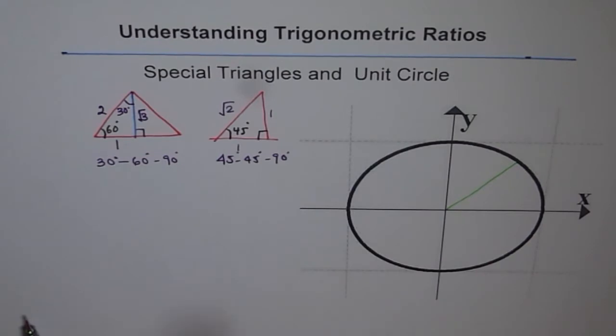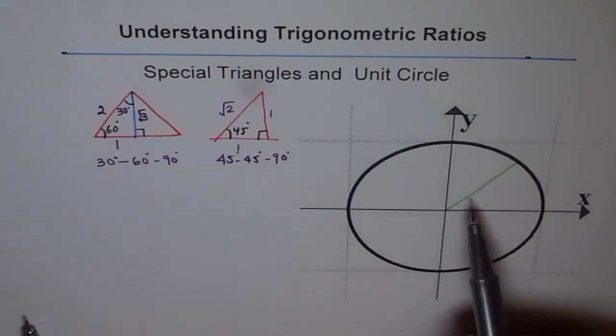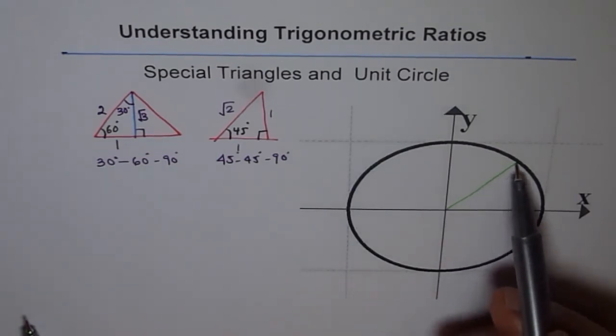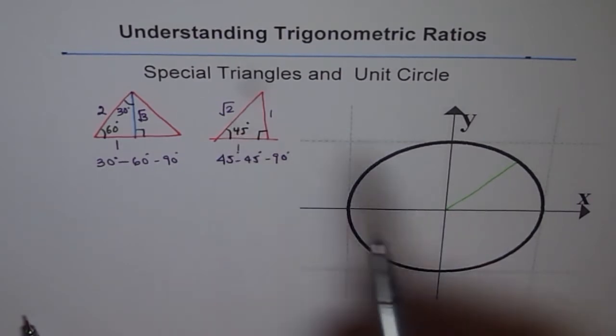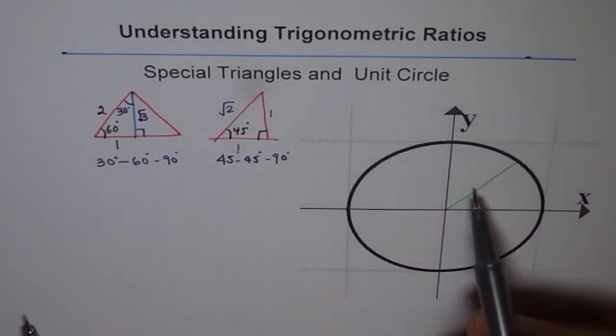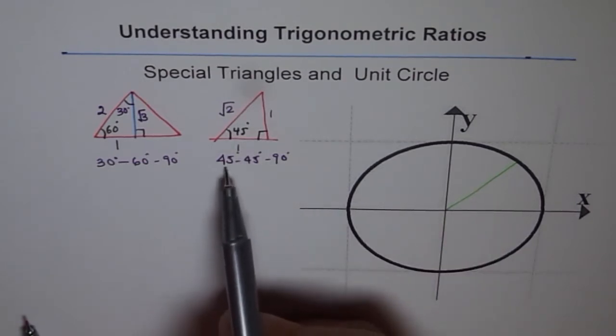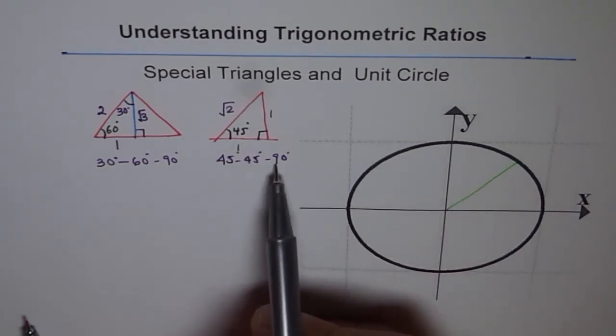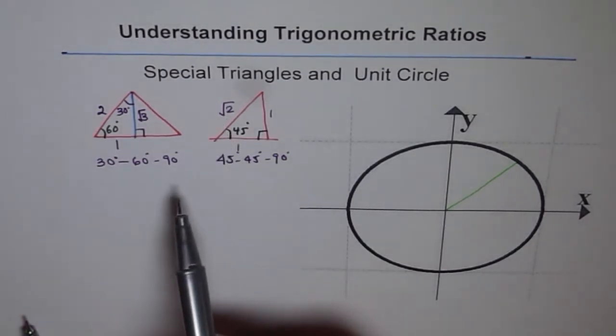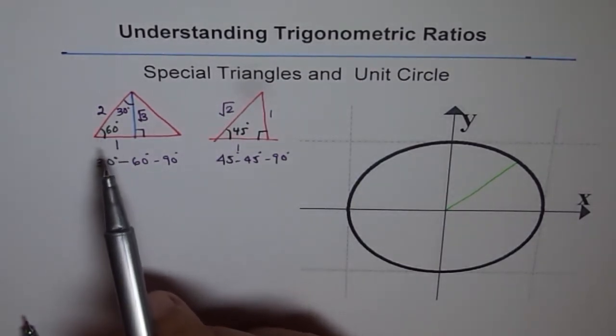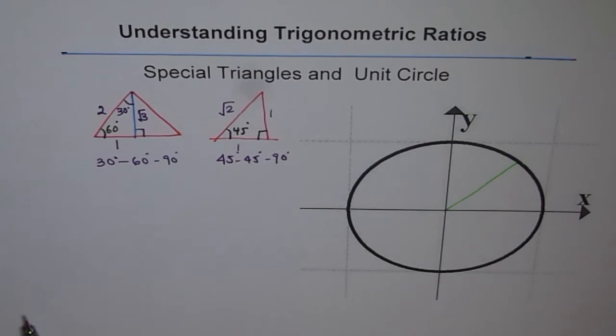So you get your triangle, but in the unit circle the hypotenuse and the radius don't match. In your special triangle 45 degrees and 90 degrees, the hypotenuse is square root 2, and in the other it is 2. So it doesn't really match, and that causes a lot of confusion.